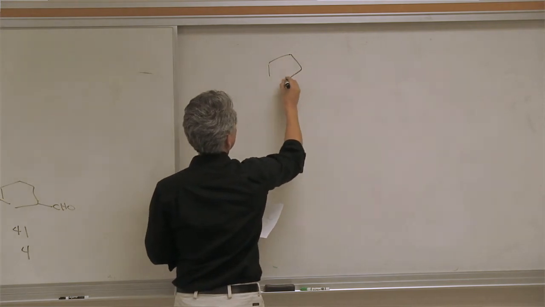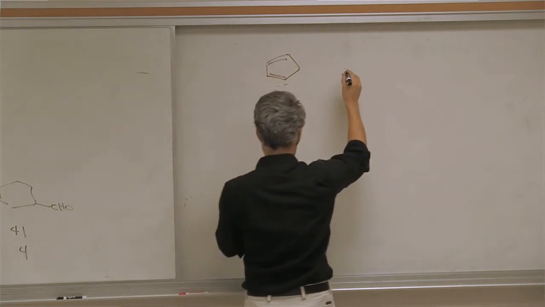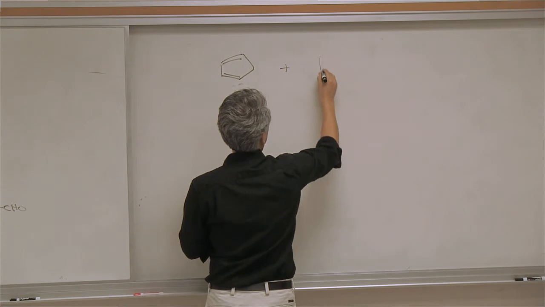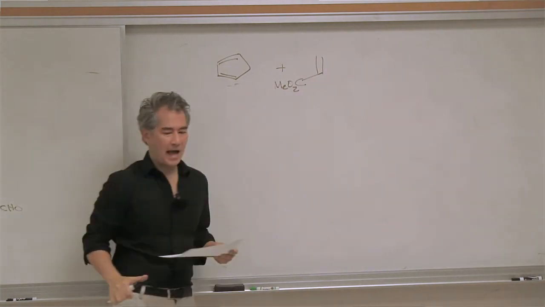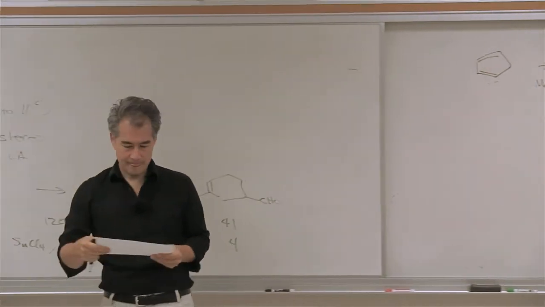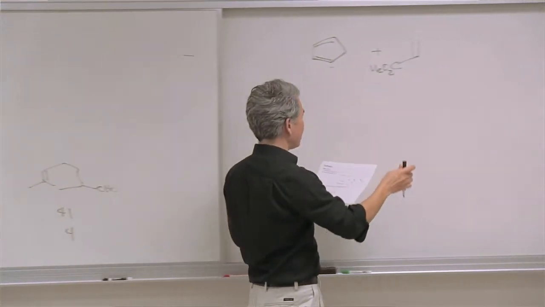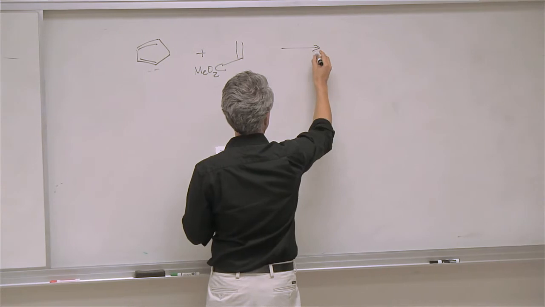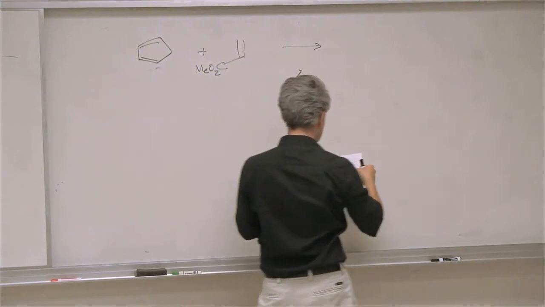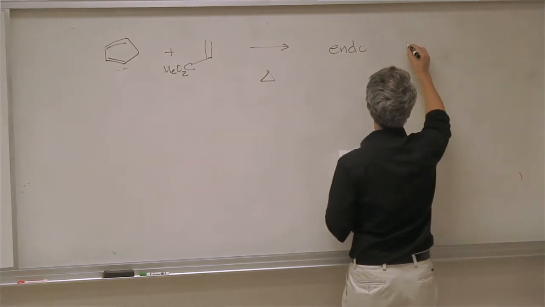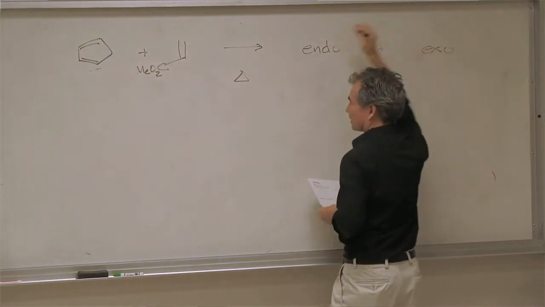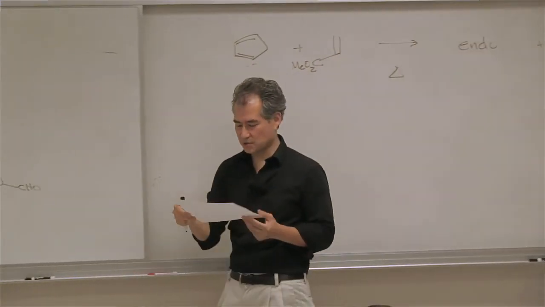So if I take that example that I just erased, which was cyclopentadiene plus methyl acrylate, and I compare the thermal reaction versus the Lewis acid catalyzed one, and I'm just going to write the words endo and exo here, since you just finished drawing those structures.